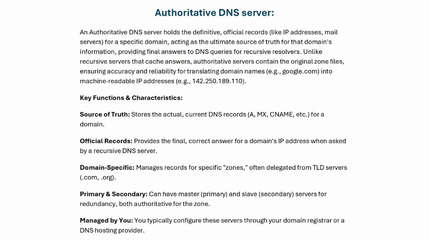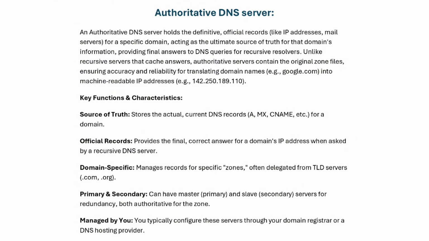Unlike recursive servers that cache answers, authoritative servers contain the original zone files, ensuring accuracy and reliability for translating domain names, for example google.com, into machine-readable IP addresses, for example 142.250.189.110.